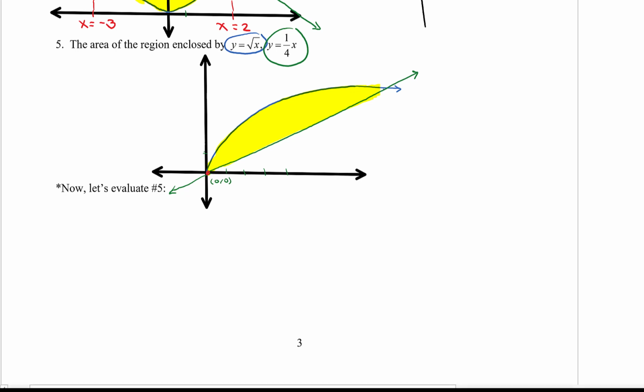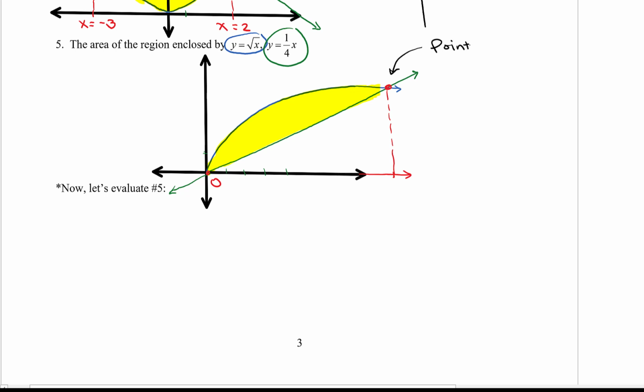I already know that one point of intersection is going to be at 0, 0, and the other one here, I drew a point at the intersection for my second point, and I drew a dashed line coming down to the x-axis. I'm not sure what that x value is. So what I need to do is find that point of intersection. Let's go ahead and find that point of intersection.